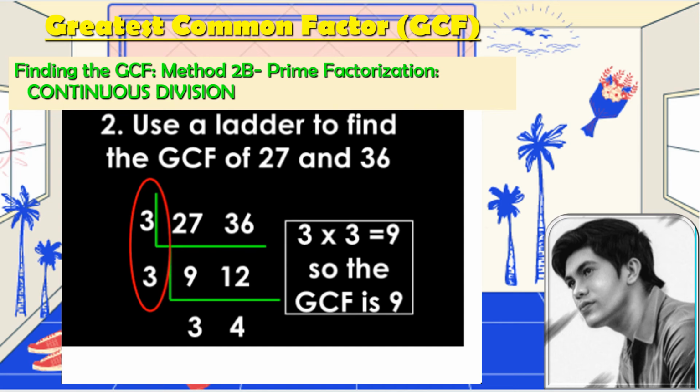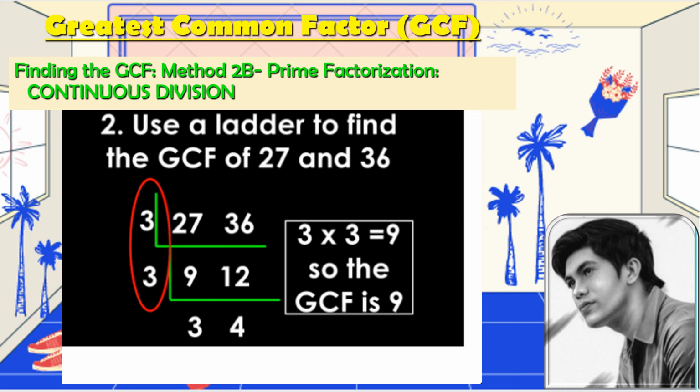So mayroon pa bang pwedeng mag-divide sa 3 and 4 na prime number maliban sa 1? Yes, 1. Tandaan po natin, 1 is not prime nor composite. Ang 1 po ay special number. So kapag wala na pong prime number na makapag-divide sa 3 and 4, tapos na po tayo.